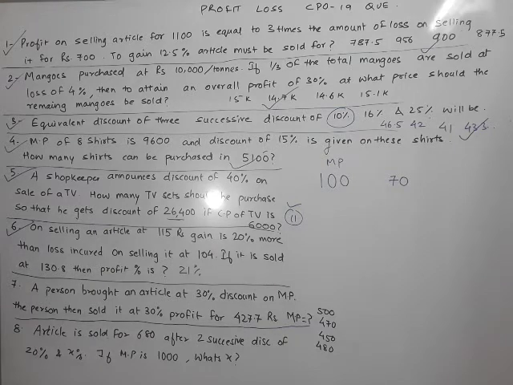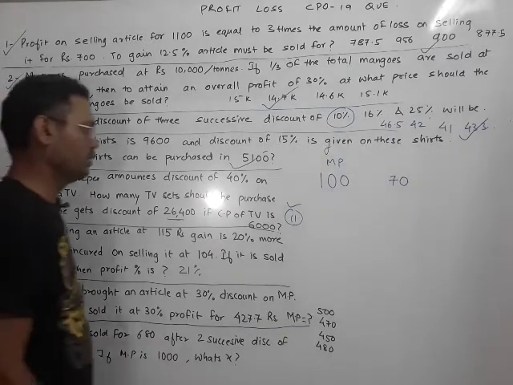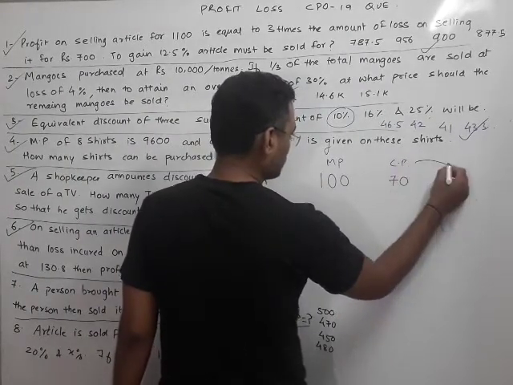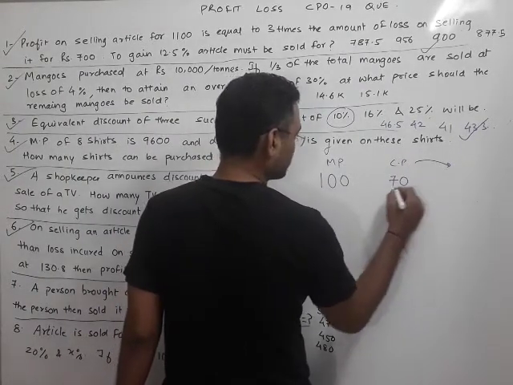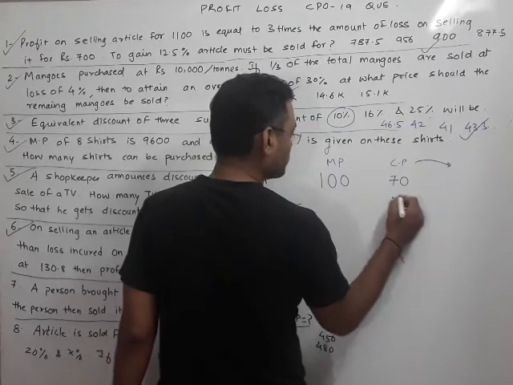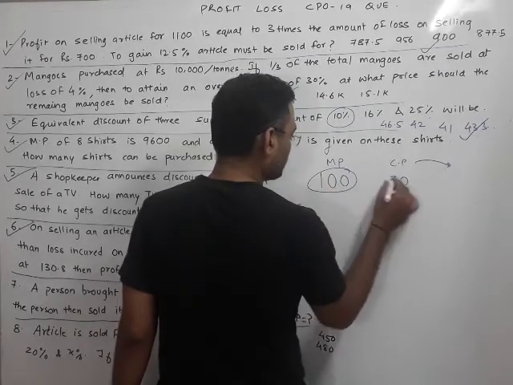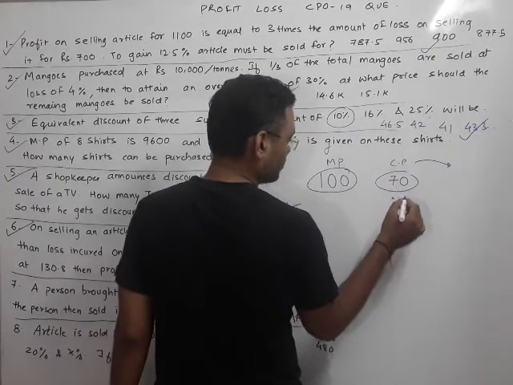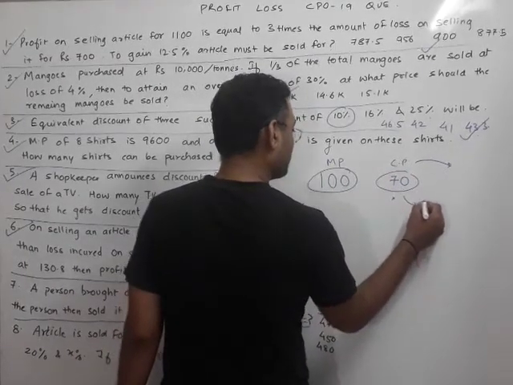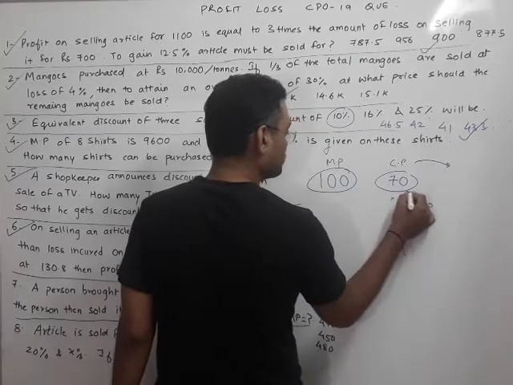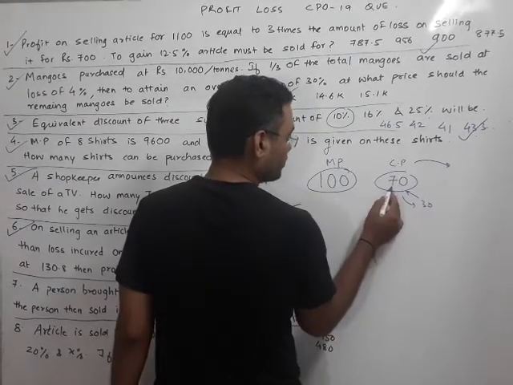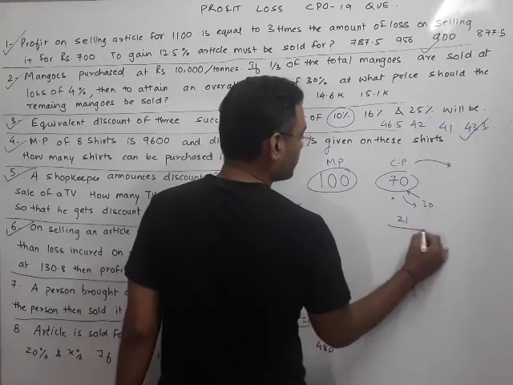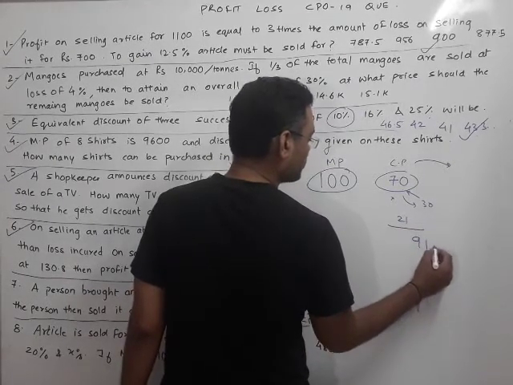So let's say the mark price was 100 rupees, I bought it at 70. Now I'm taking 30% profit on this. How much is 30% of this? 10% of this is 7, so 30% means 21, which means I am selling it at 91 rupees.